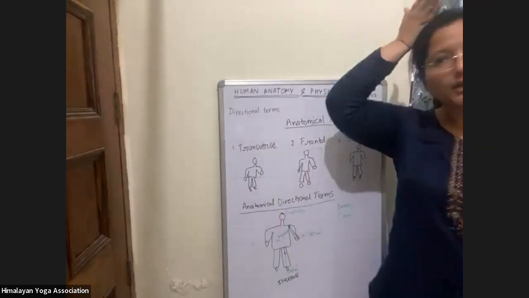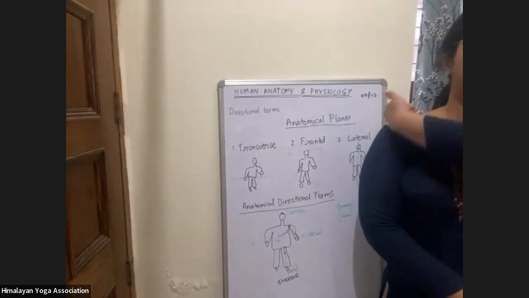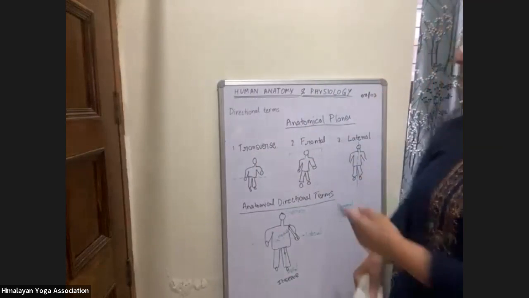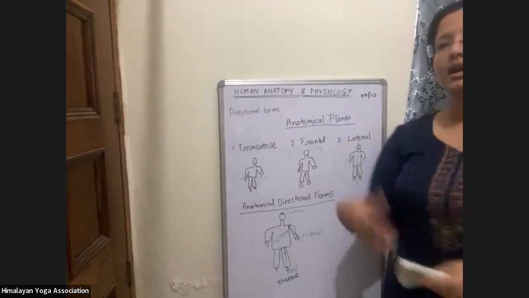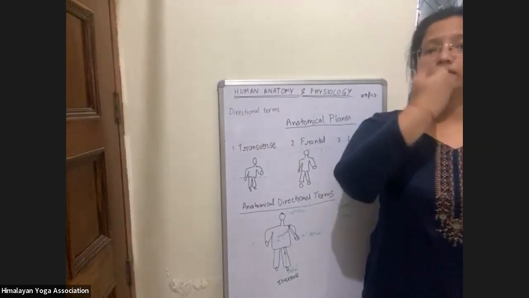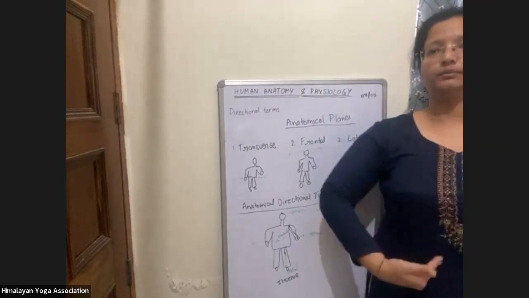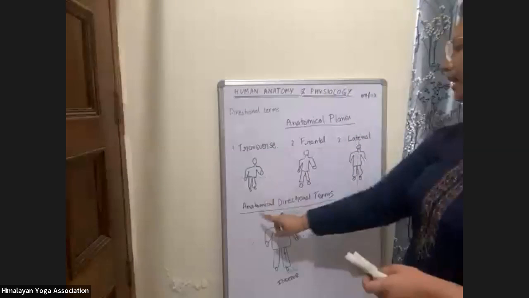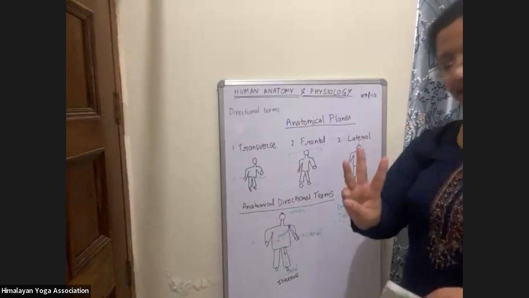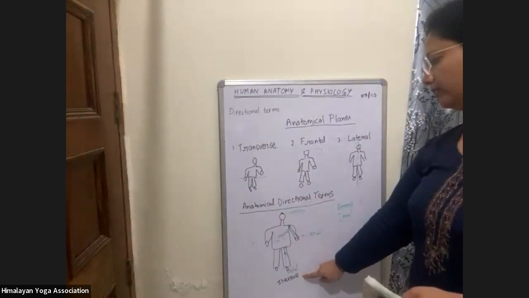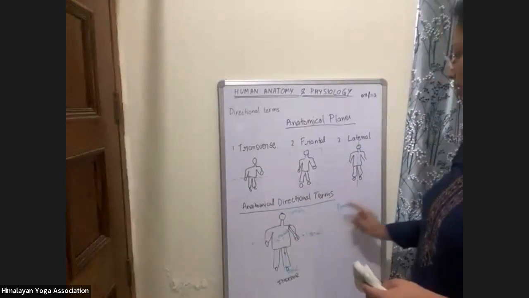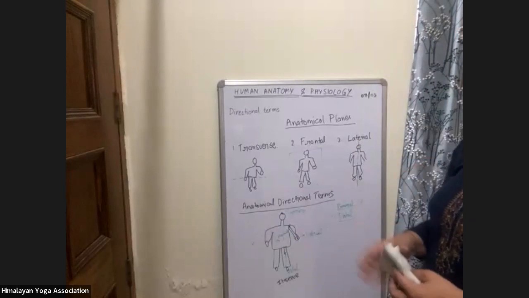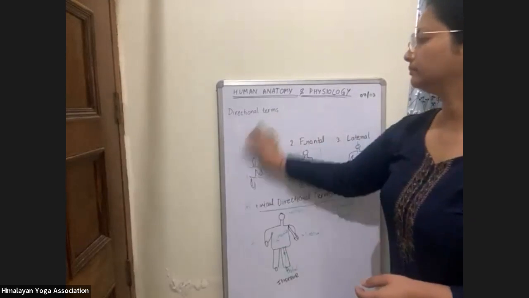Frontal is if you cut like this. Lateral is if you cut in symmetrical halves. And anatomical directions: we have three sets: superior and inferior, medial and lateral, proximal and distal. Got it.